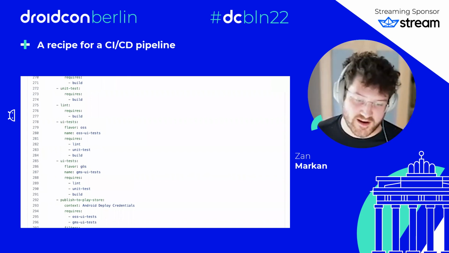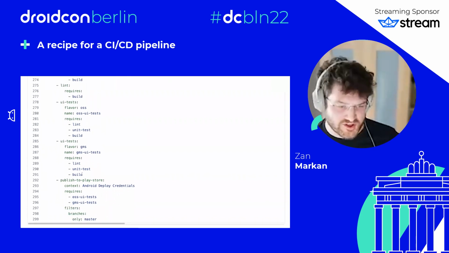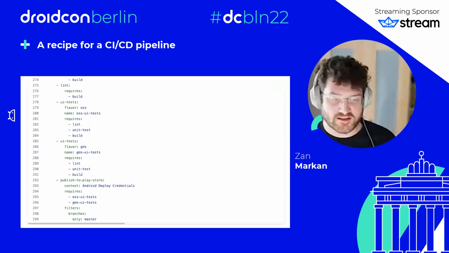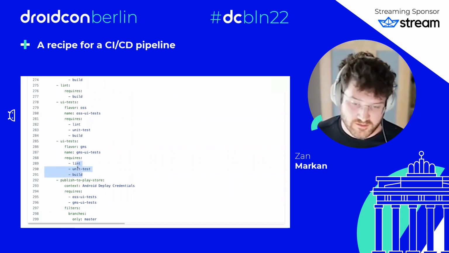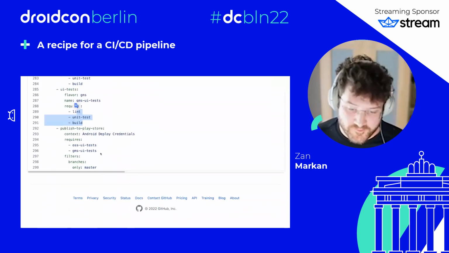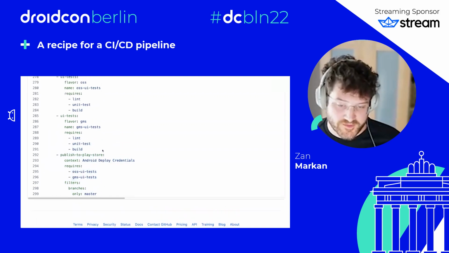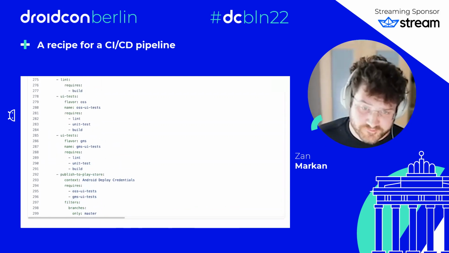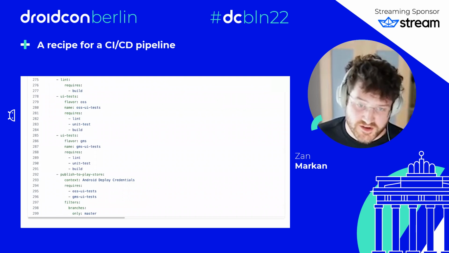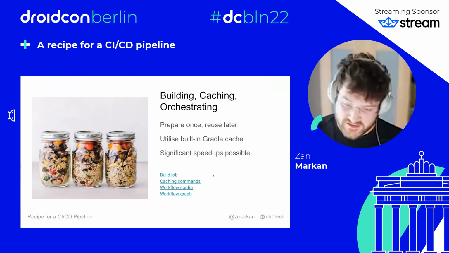You want your feedback as soon as possible. If you are working on a commercial project, you might do all the tests at once and have that extra 2 minutes back, basically. And ultimately, publish to Play Store requires all the tests to have passed, with these credentials. And this is an example of a pipeline which lets you orchestrate things nicely.